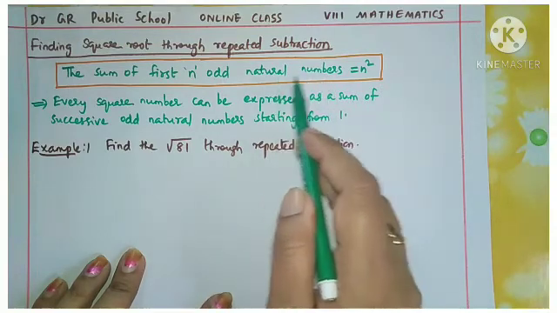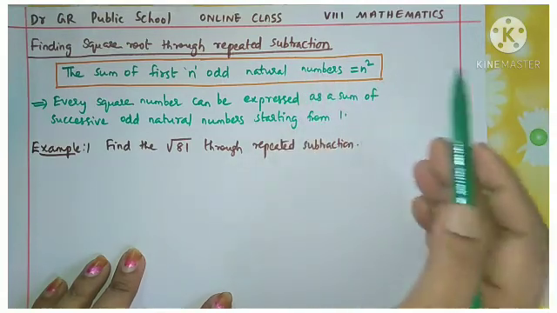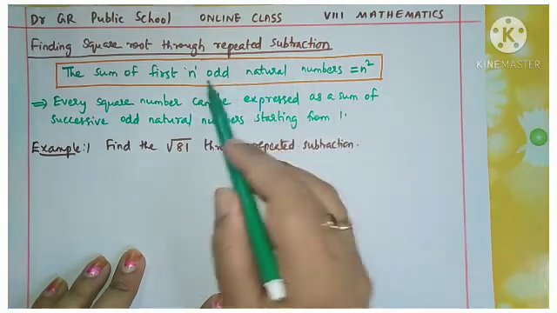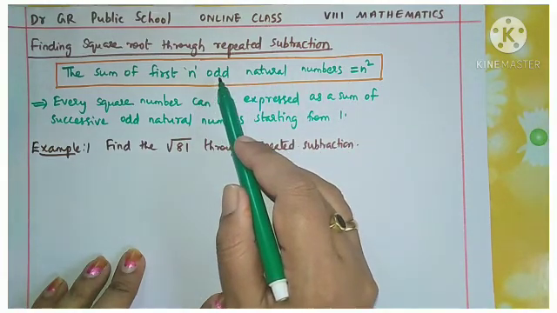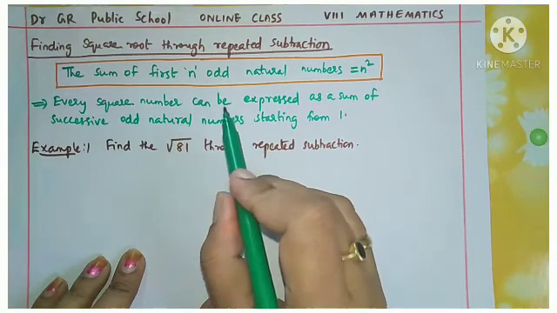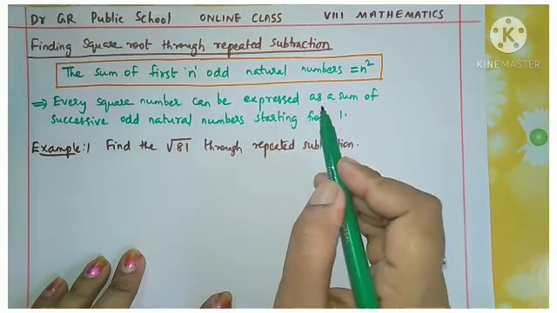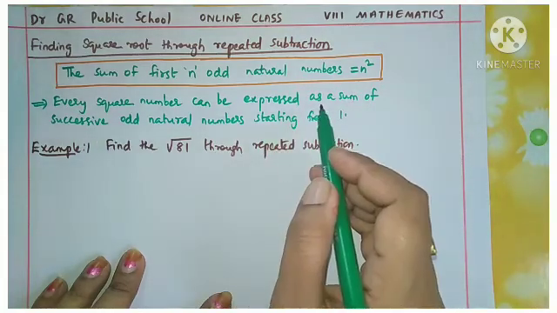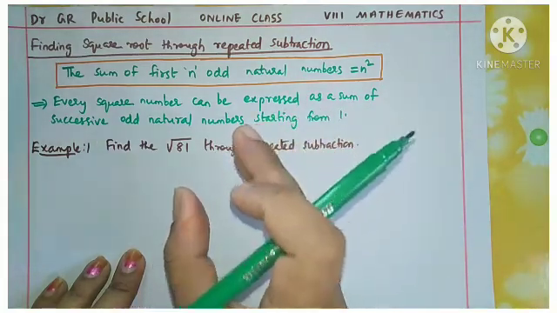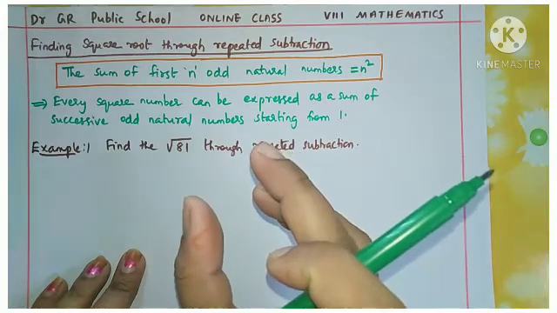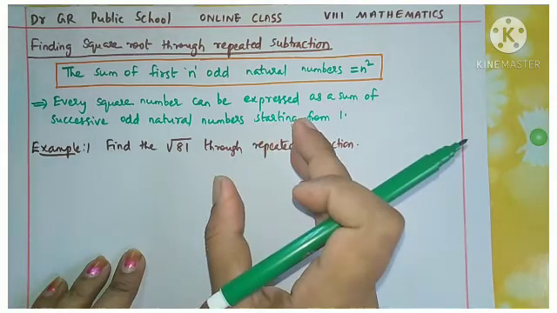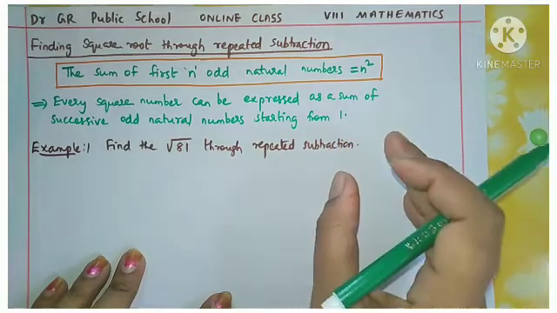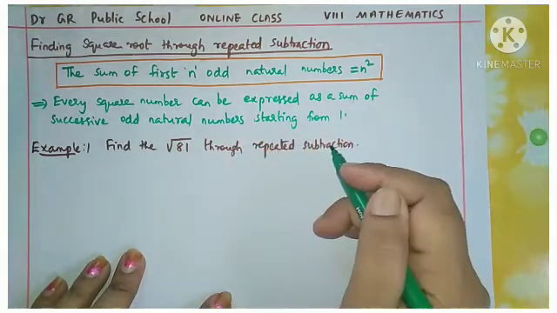What do you mean by natural numbers? 1, 2, 3, 4, 5, etc. What do you mean by n odd natural numbers? Odd means only the odd numbers, meaning 1, 3, 5, 7, 9, 11, etc. are odd natural numbers. And whenever you add odd numbers, that result will be equal to the square of how many numbers are present.